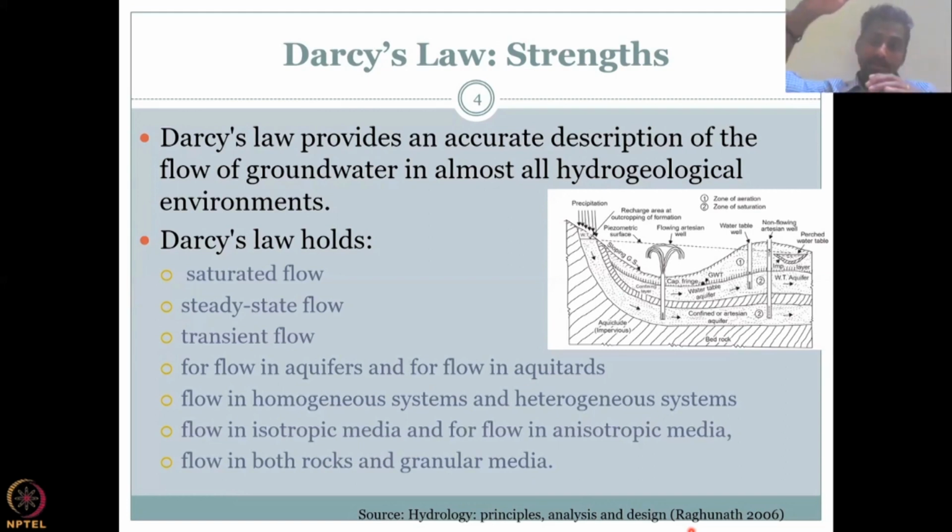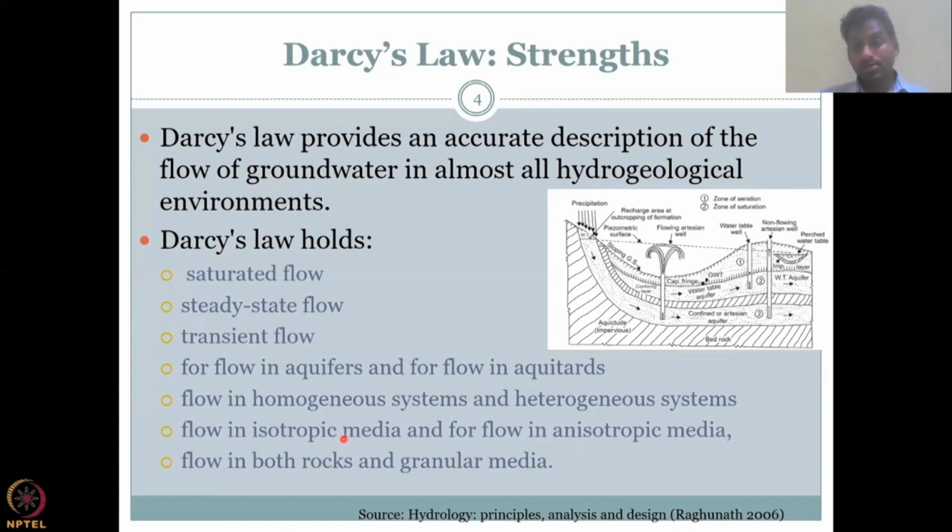So in both the granular media and the rock media, Darcy's law holds good. This is also an example of a homogeneous and heterogeneous system. A homogeneous system is purely rock, for example. In a heterogeneous system, you can have rocks and granular media also.